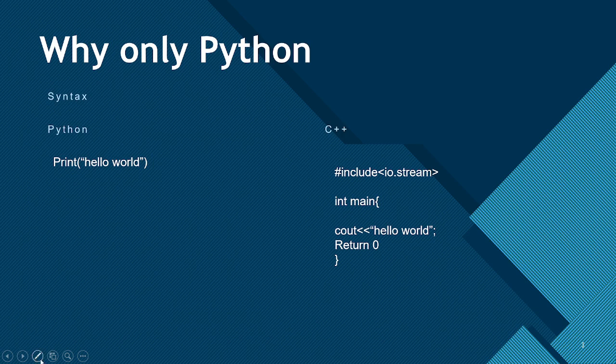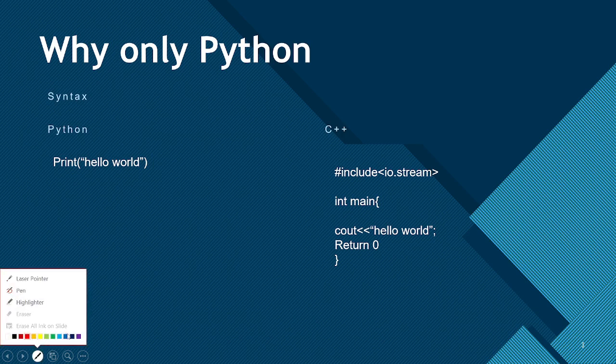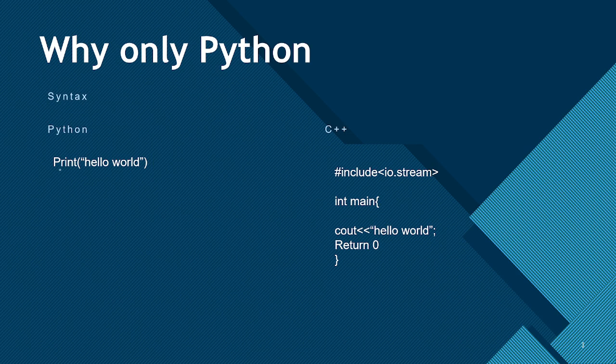In Python, there's only one line of code, and in C++, for just printing hello world, there are this many lines of code.